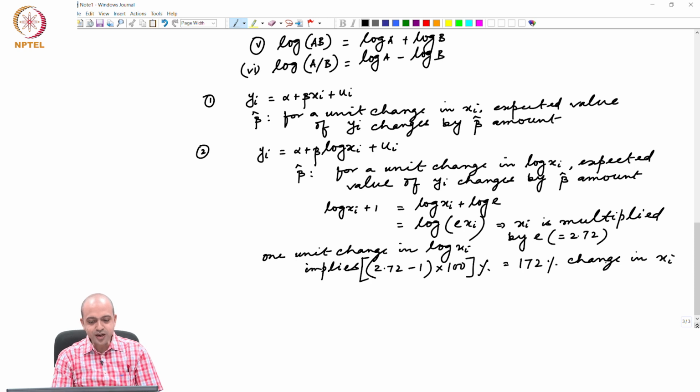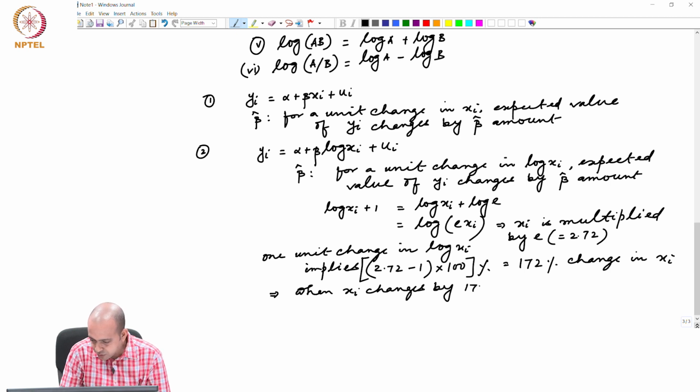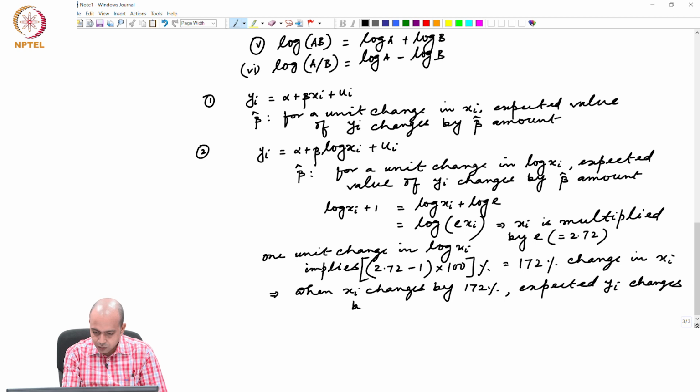So what does beta hat indicate in this model? When xi changes by 172 percentage, the expected yi changes by beta hat amount.